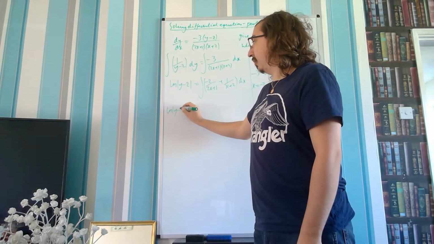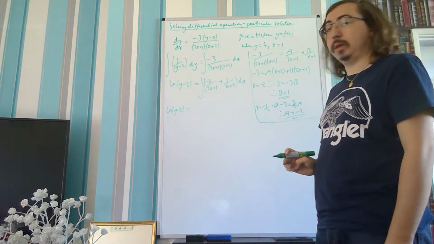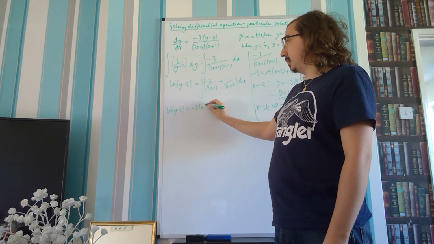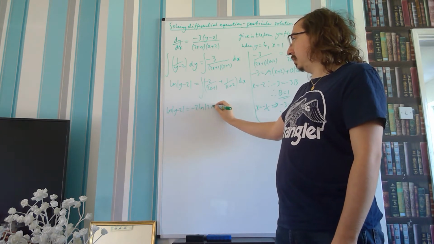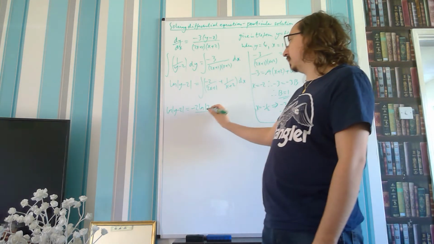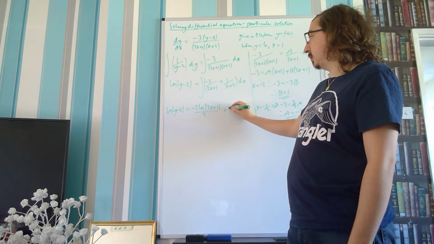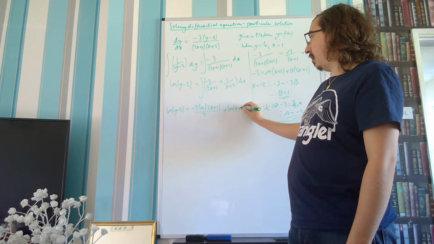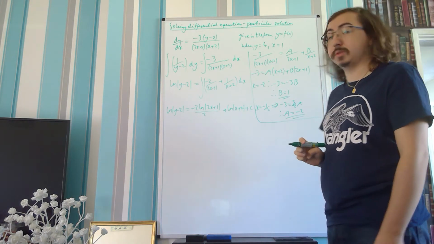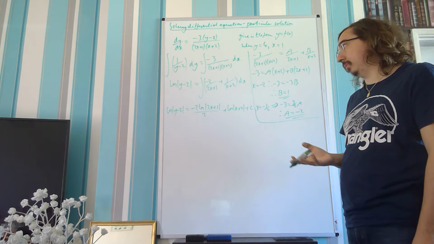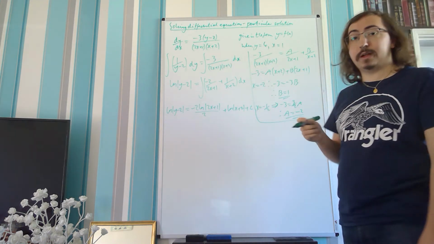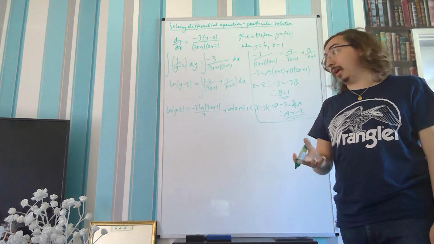So we have the natural logarithm of y minus 2 is equal to minus 2 times the natural logarithm of the linear factor, 2x plus 1, divided by the differential of the linear factor, 2, plus the natural logarithm of x plus 2, and we can't forget our constant of integration at the end, our plus c. Now we don't need to write this as a natural logarithm because we have some values which we can substitute in, which will take care of that.